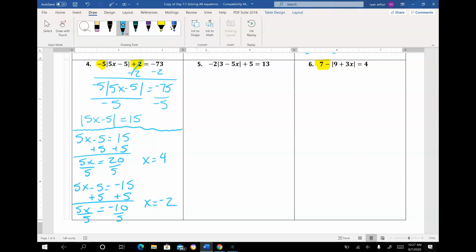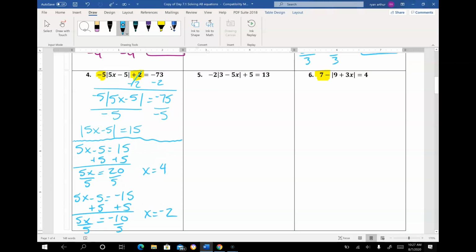All right, so now let's check our answers. I need to write it down so I don't keep flip-flopping back and forth. So we are going to go back and plug into our original equation the 4 and the -2, okay? So let's go to Desmos.